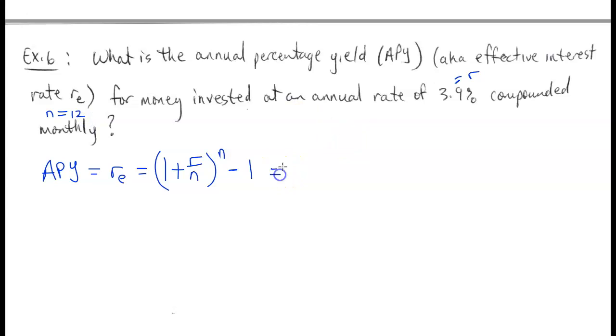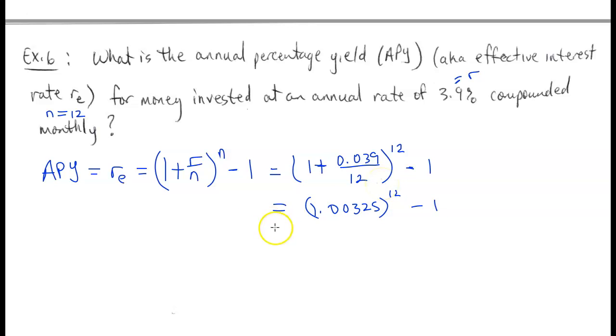So we say 1 plus 0.039 divided by 12, raised to the 12, minus 1. That first term ends up being 1.00325, all raised to the 12, minus 1.